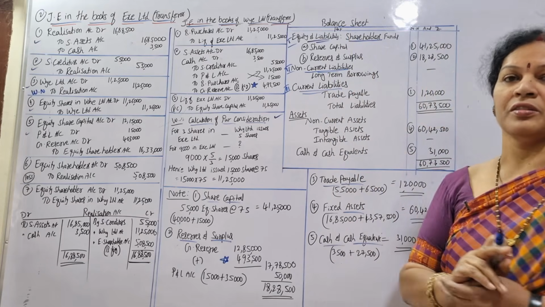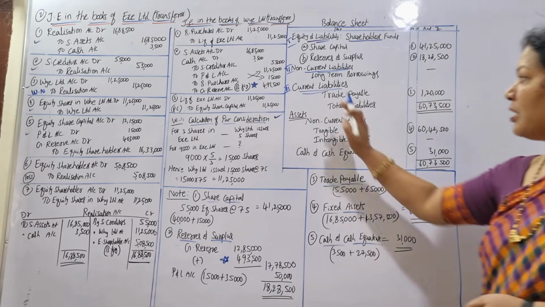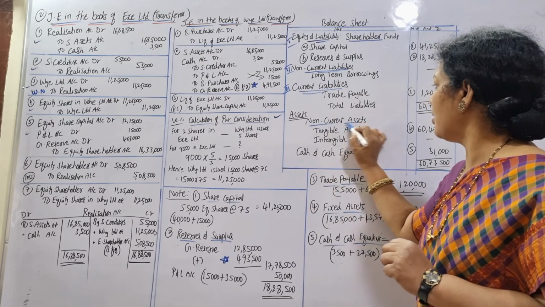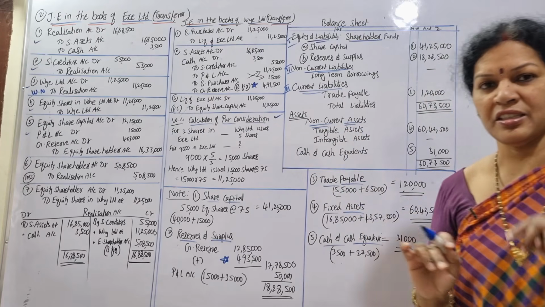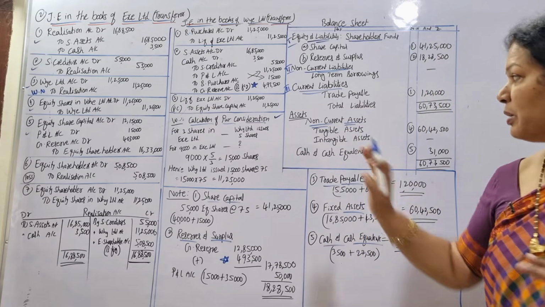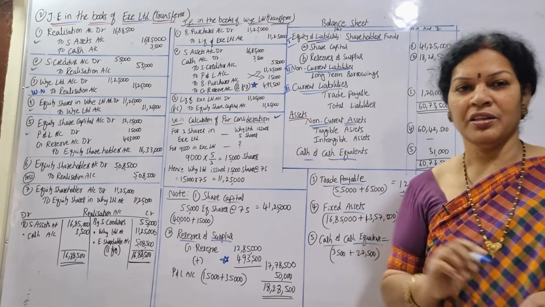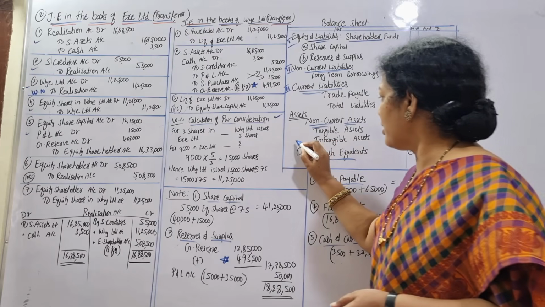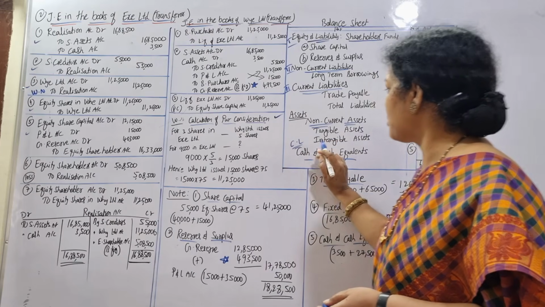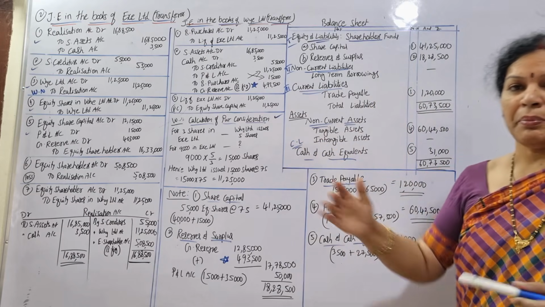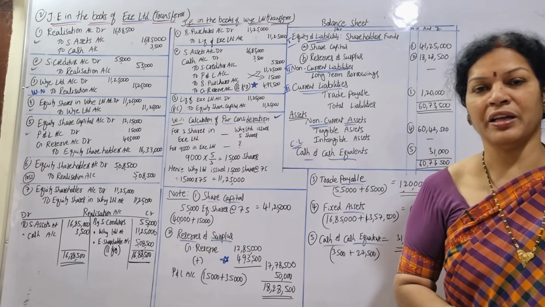These are 3 points on the liability side. Then on the asset side, we have only 2 points. One is non-current assets, which we can categorize as tangible assets and intangible assets. Then after that, cash and current assets, whatever is given. First we can prepare the format, then after that we can just fill in the amounts.